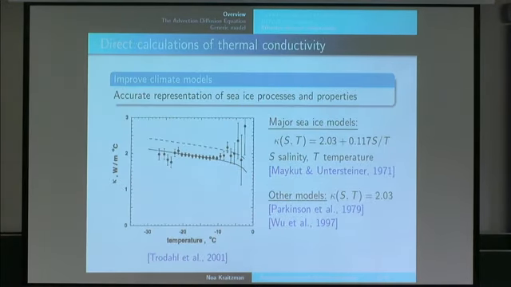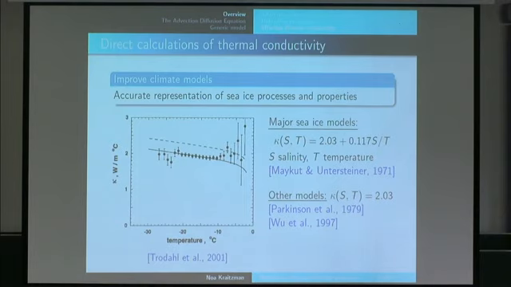And you may ask, why bounds? Why am I talking about bounds and not just going out to the sea and calculating the effective thermal conductivity? Well, it's not that easy, and some mathematical models have been made to express the thermal conductivity. One that is mainly used was introduced in 1971, and this model expresses the thermal conductivity as a function of both salinity and the temperature.